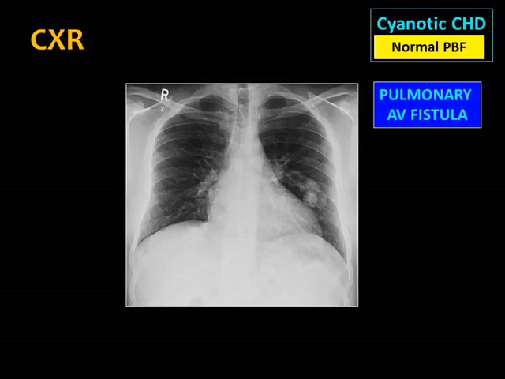Now, cyanosis with normal cardiac findings and a continuous murmur in peripheral lung fields and having this chest X-ray, then taking all in combination, one can diagnose pulmonary AV fistula, especially when we do an echocardiogram and you find that the echocardiogram does not show any obvious structural heart disease, which is diagnostic of pulmonary AV fistula. Cyanosis with a normal echocardiogram, and one can think of pulmonary AV fistula.